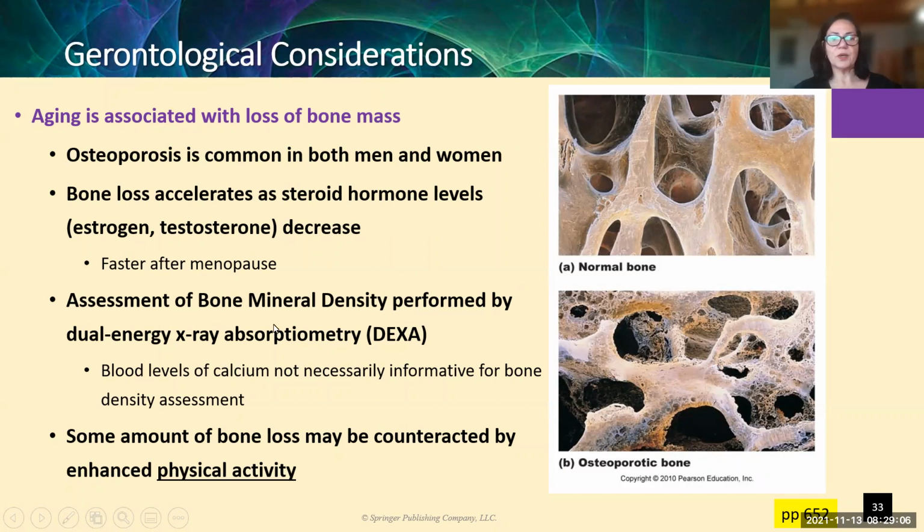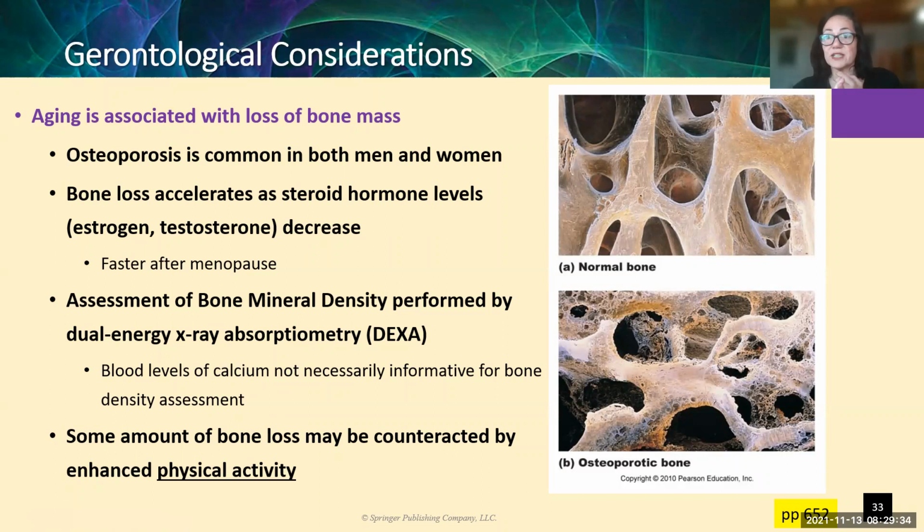How to assess this? We do it through a measurement called bone mineral density, and it's done with a dual energy X-ray scan, DEXA scan. The reason it has to be done that way is because just checking the blood level of calcium is not necessarily informative for bone density, because remember, calcium is required for heart muscle contraction.